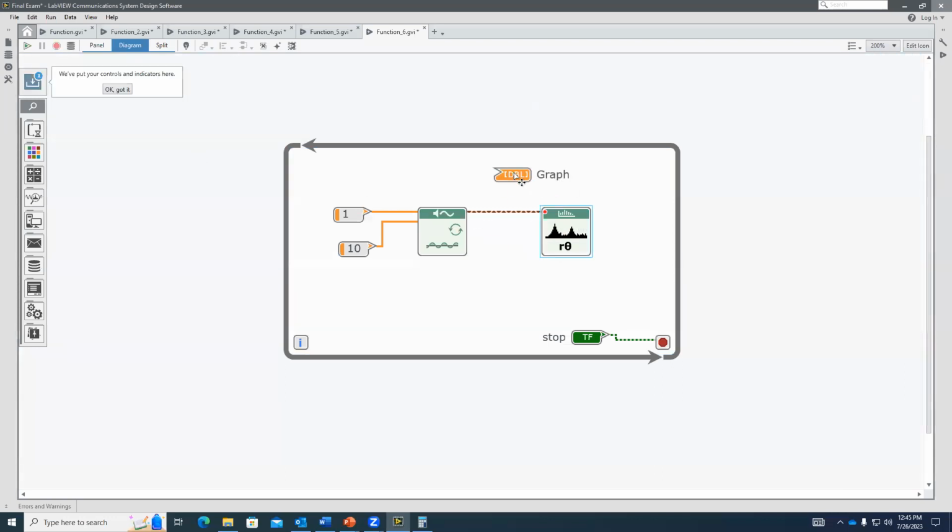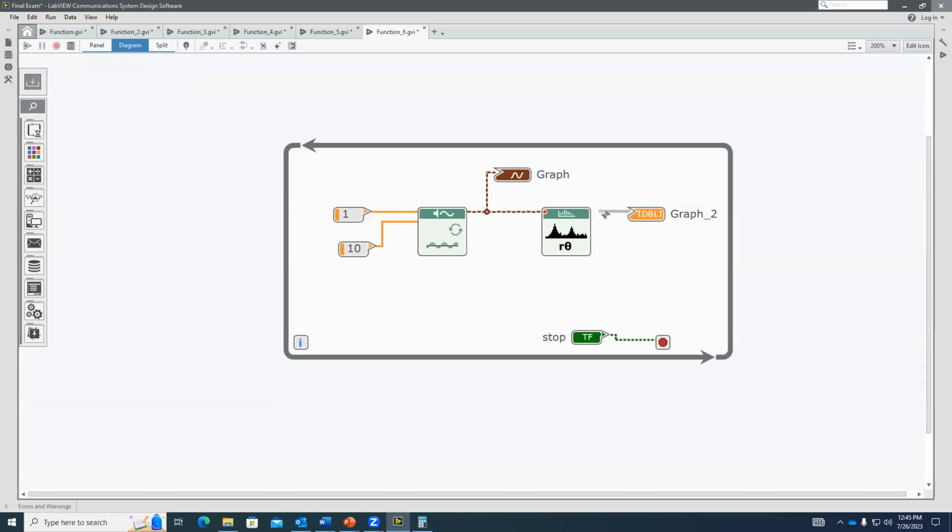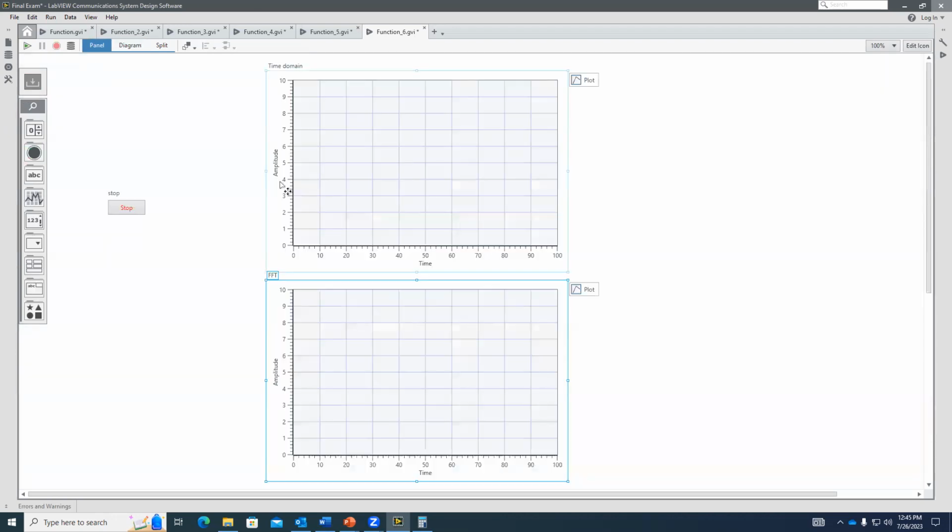So I have two graphs. One graph I will connect here. This will give me the time domain signal, and this graph 2 will give me the FFT. You can write here FFT, and this is time domain.